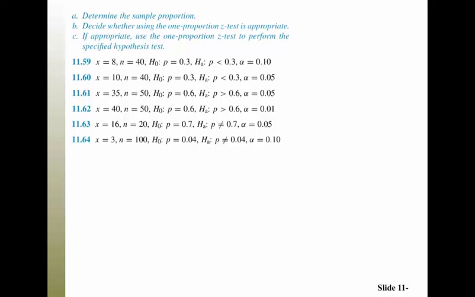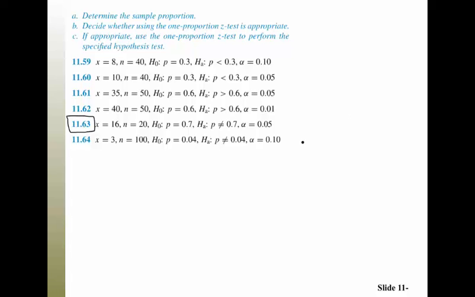So let's do 59, okay? Or let's do 63. So in 63, first we want to determine the sample proportion, decide whether the one proportion z-test is appropriate, and then if it's appropriate, perform the specified hypothesis test.